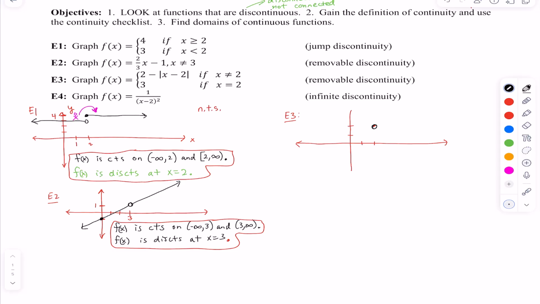However, there's a hole there. And then when x equals 2, the output value is actually at 3. So this time 2 is in the domain and 3 is in the range, but there's still a removable discontinuity.